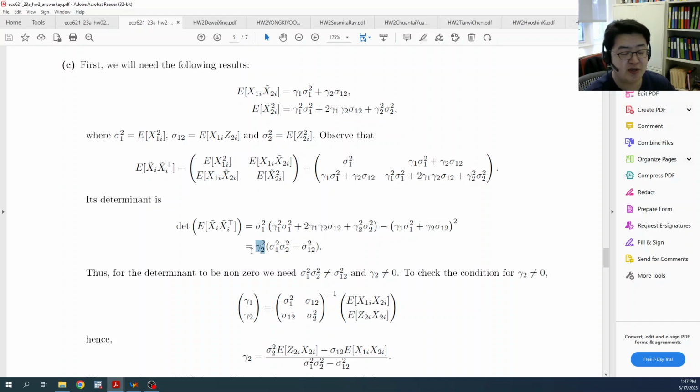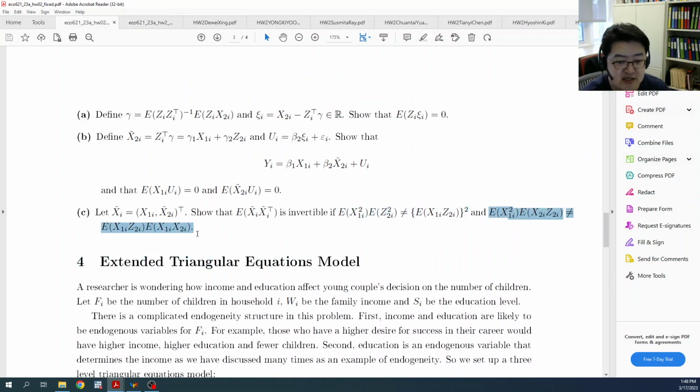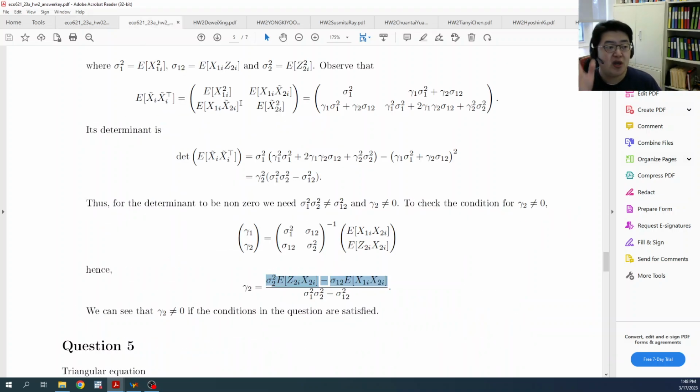For gamma 2 to be non-zero, you need an additional condition. So you first have to derive the formula for gamma 2, which is also very annoying algebra, but possible if you do this. And then the numerator is not 0 if and only if this is different. Okay, so we use two conditions.